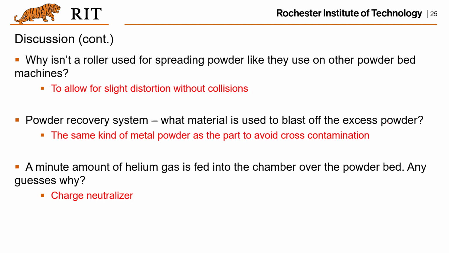Definitely you want to use the same kind of metal powder as the one used to build the part, to avoid cross contamination. Because if you use a different material, definitely that will make the powder mixed with other material, which makes the quality of the part unreliable.